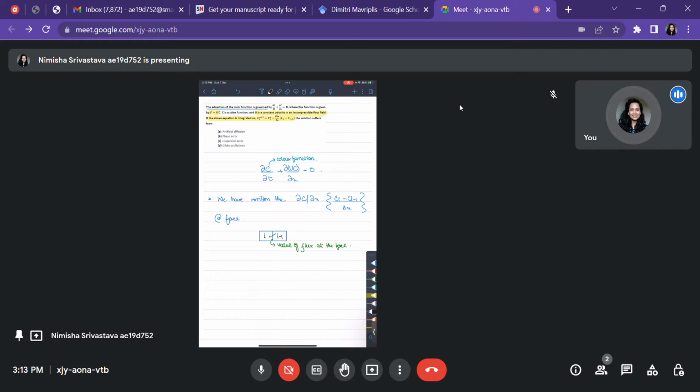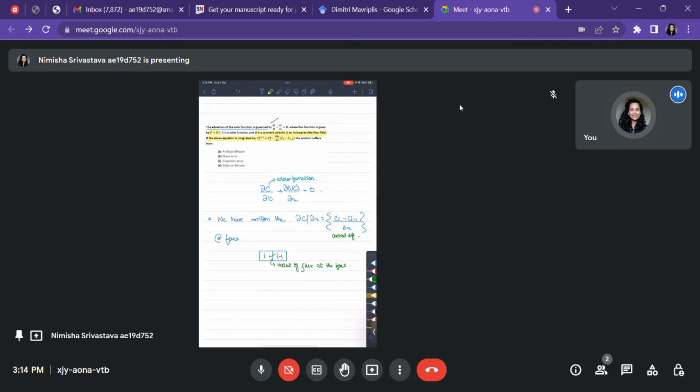So when we are writing down dc by dx as ci minus ci minus 1 by delta x, we are basically using a central difference method. So in this condition, this equation is a hyperbolic equation, similar to whatever we've seen in the past.